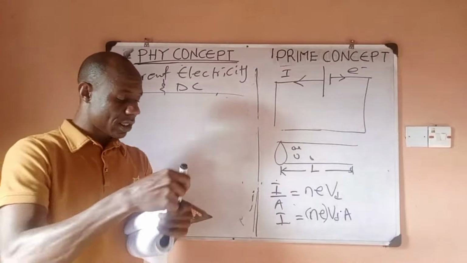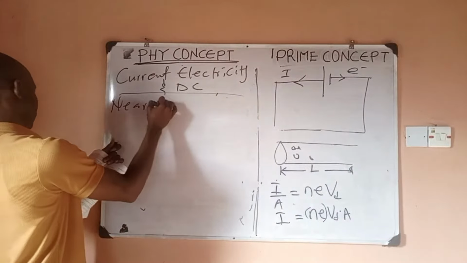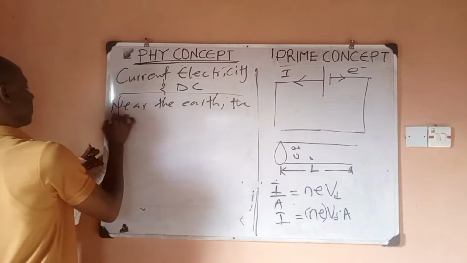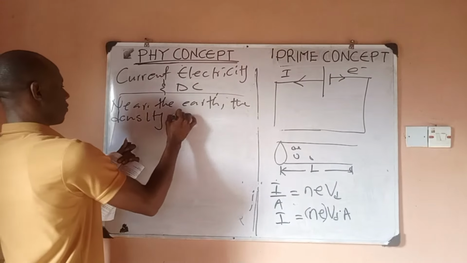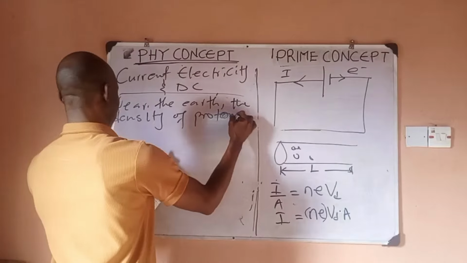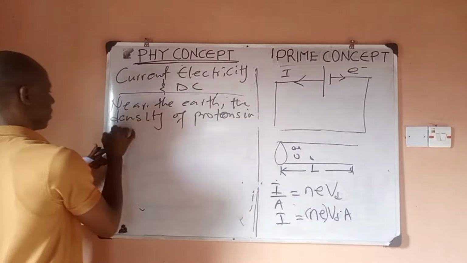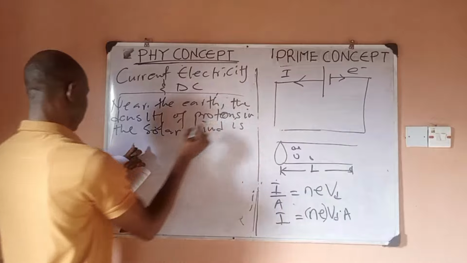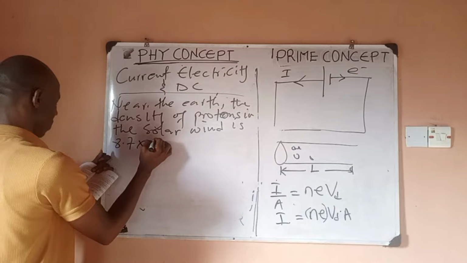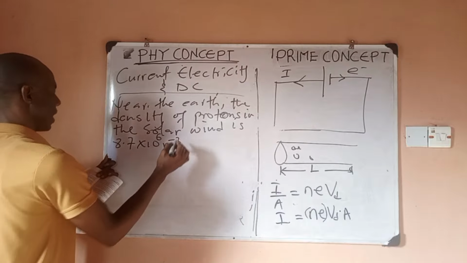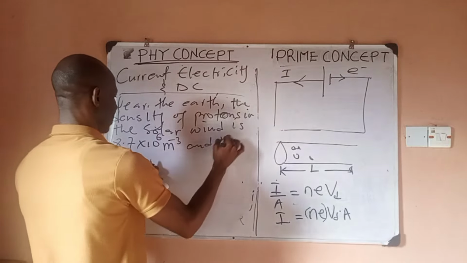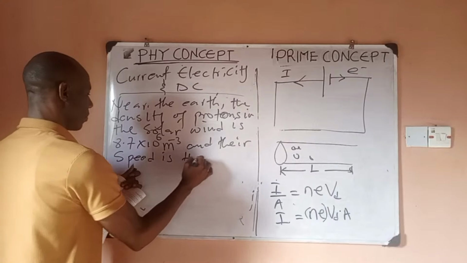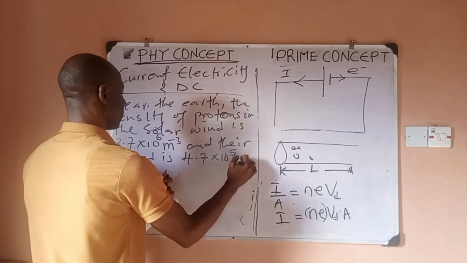So the question says, near the earth, the density of protons in the solar wind is 8.7 times 10 to the power 6 per meter cube, and their speed is 4.7 times 10 to the power 5 meter per second.